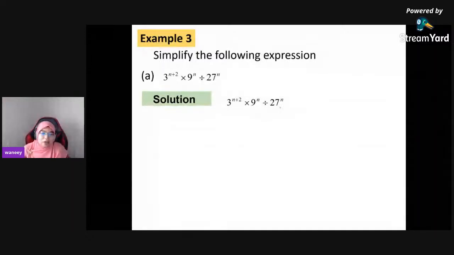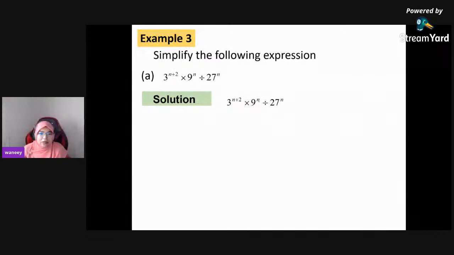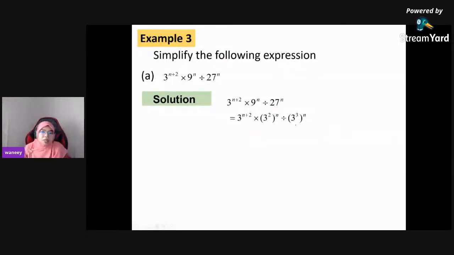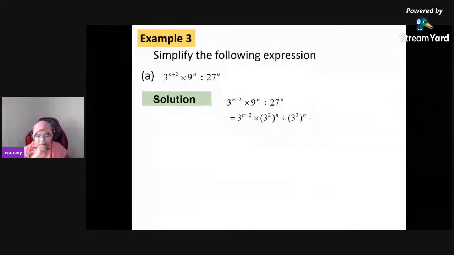Okay, so 3 to the power of n plus 2 times 9 to the power of n divided by 27 to the power of n. So we change the 9. 9 is actually 3 square and 27 is actually 3 cube. So we're going to change everything into the same base, a common base, 3. So this is 3 square to the power of n, 3 cube to the power of n. And then we simply apply the rules that we know.